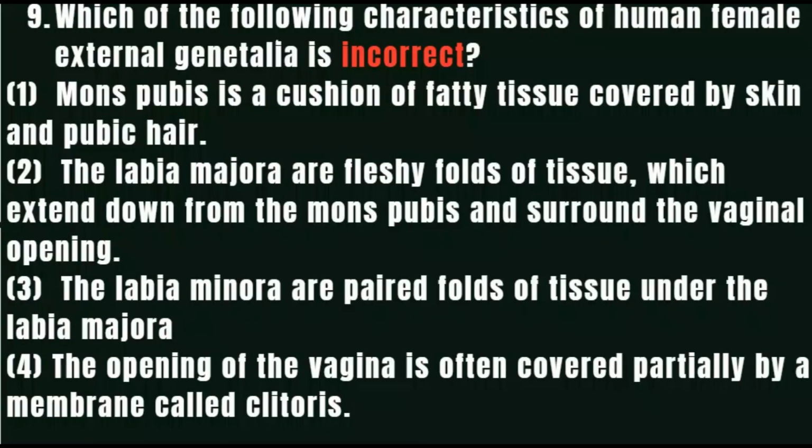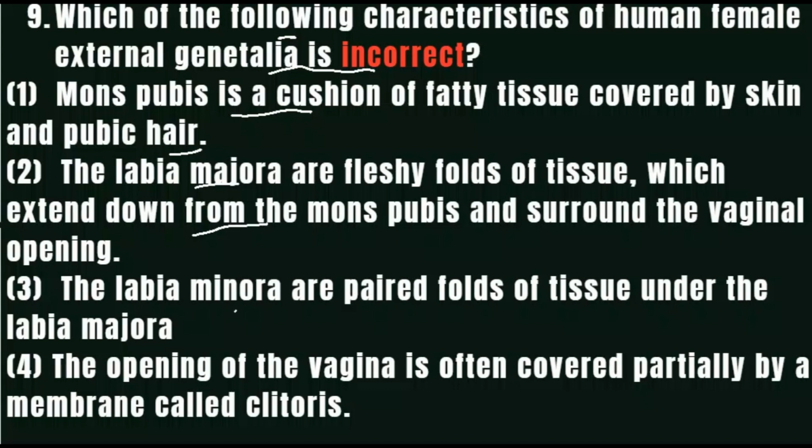Question number 9. Which of the following characteristics of human female external genitalia is incorrect? Option 1, mons pubis is a cushion of fatty tissue covered by skin and pubic hair. Option 2, the labia majora are fleshy folds of tissue which extend down from the mons pubis and surround the vaginal opening.